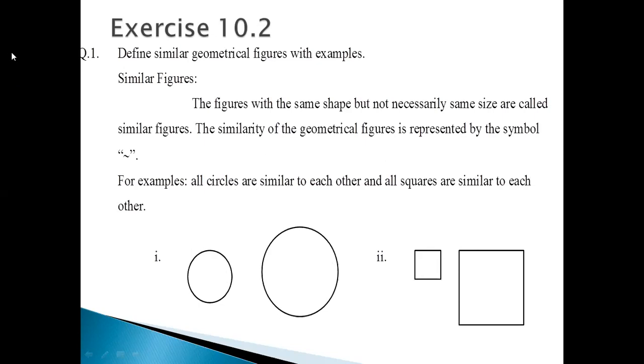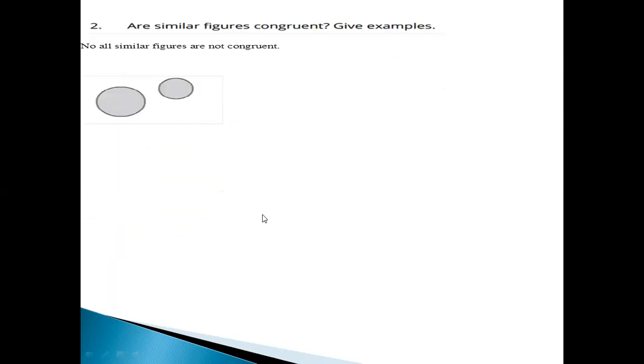Question number 2. Are similar figures congruent? Give example. Congruent means same in shape and same in measurement.